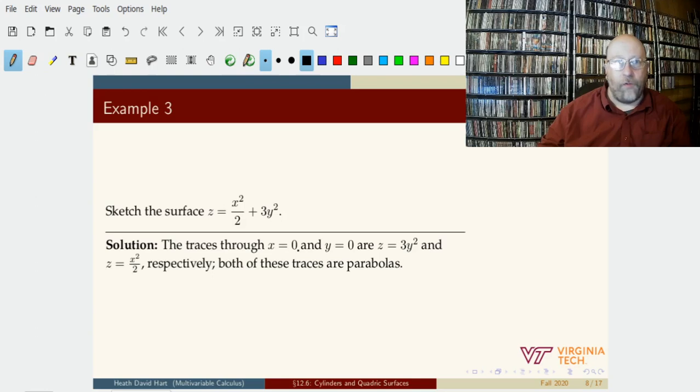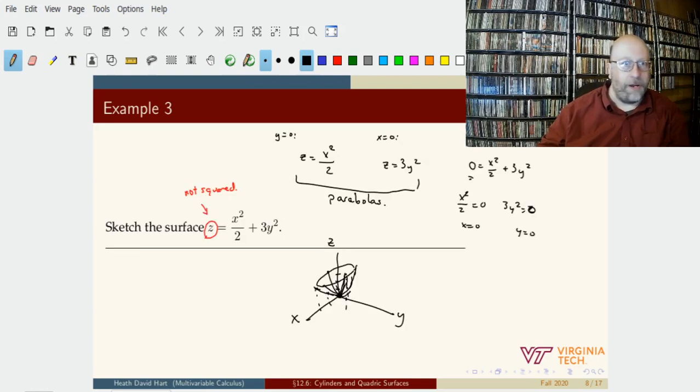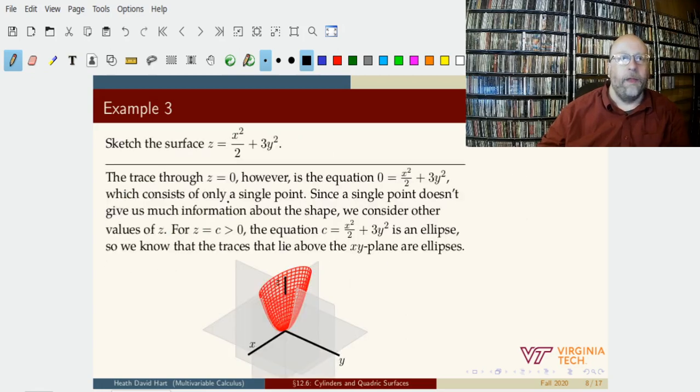The traces through x equals 0 and y equals 0 are z equals 3y squared and z equals x squared over 2. Both of these traces are parabolas. That's what we did here. But the trace through z equals 0 is this equation, and it's only a single point. It is an ellipse of radius 0, which is just a single point. Doesn't give us much information about the shape.